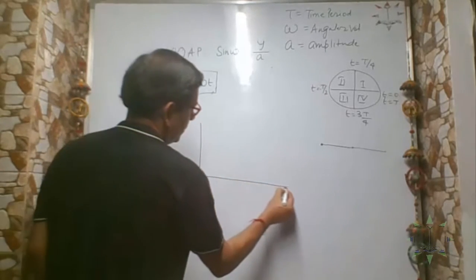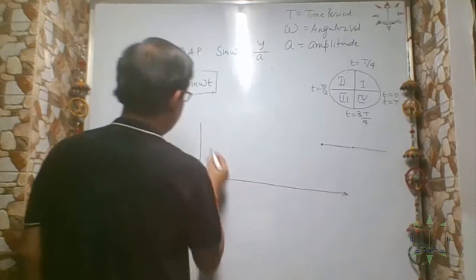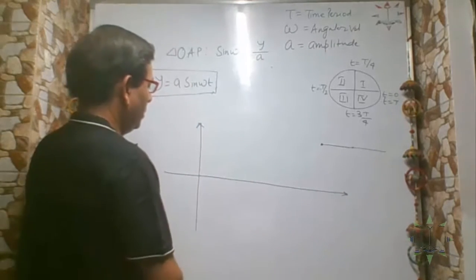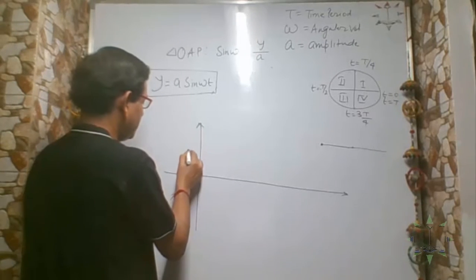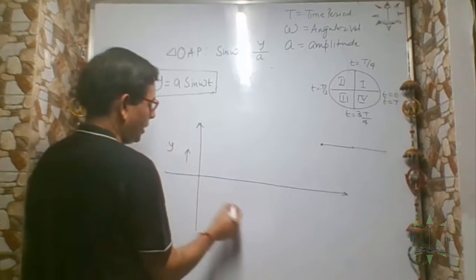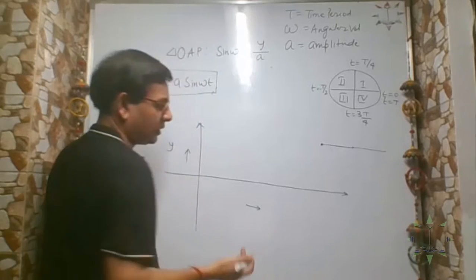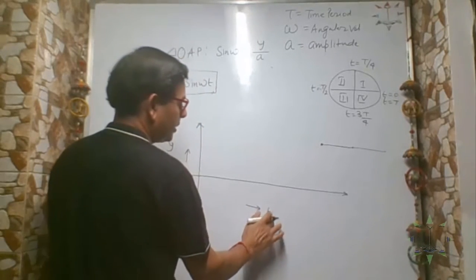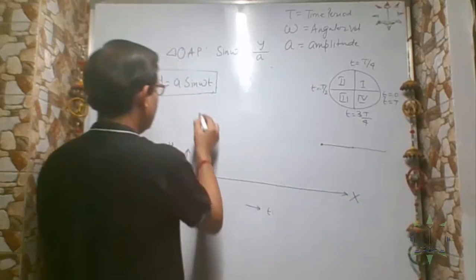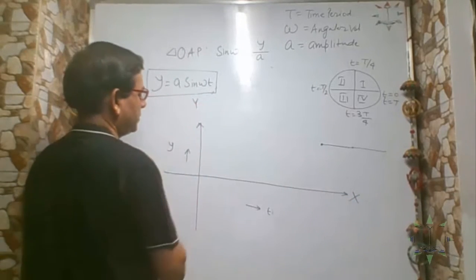Now you will see a very interesting graph. Here you put displacement y, and here you put the phase angle, or you can say time along the x-axis, and displacement along the y-axis.